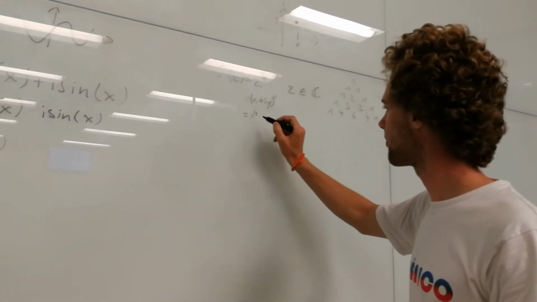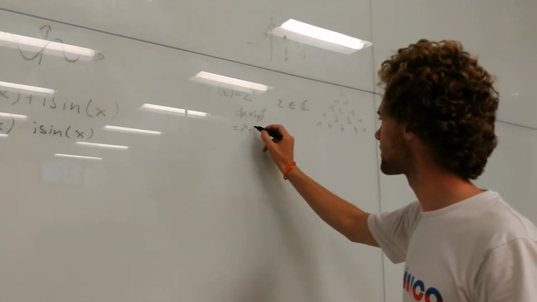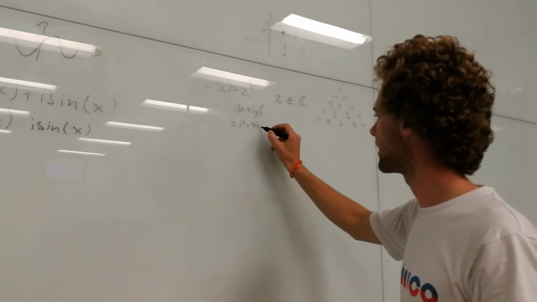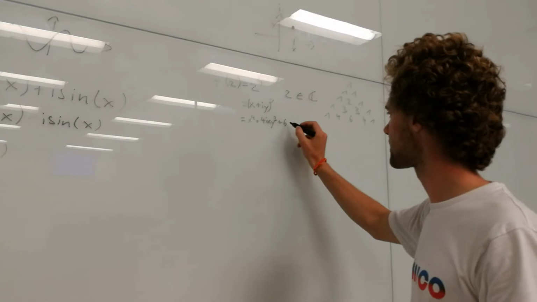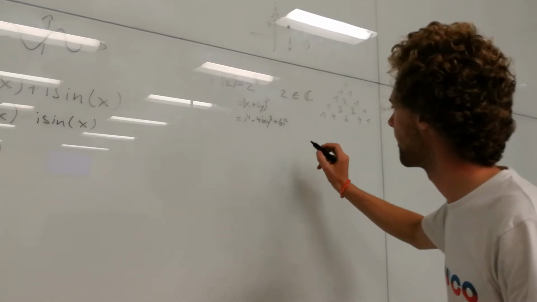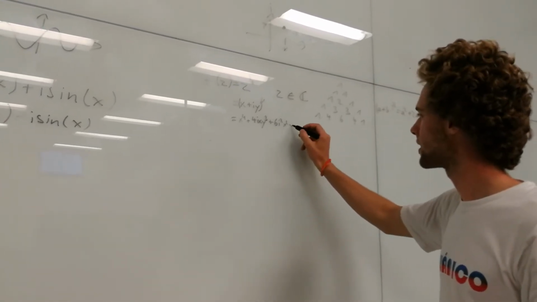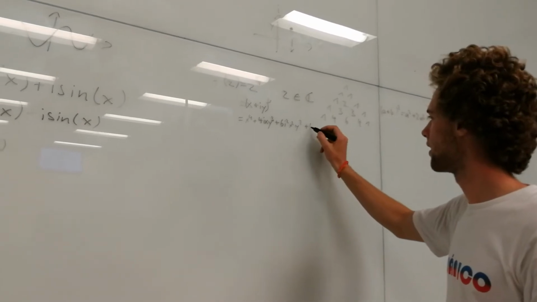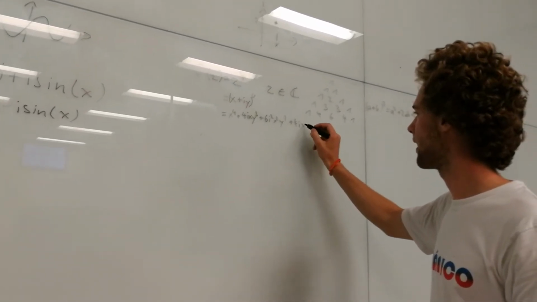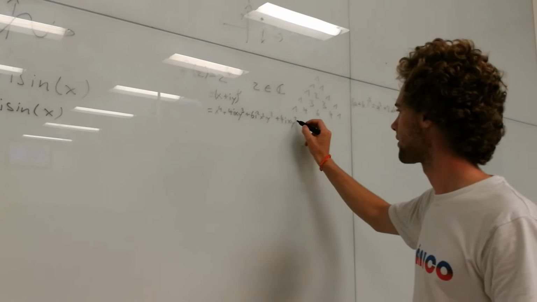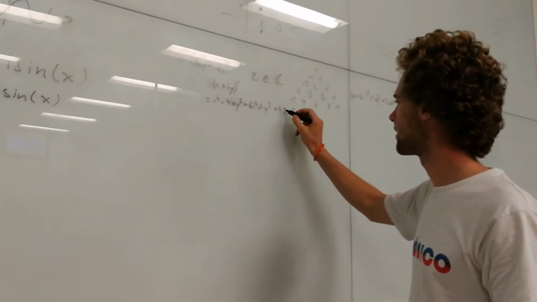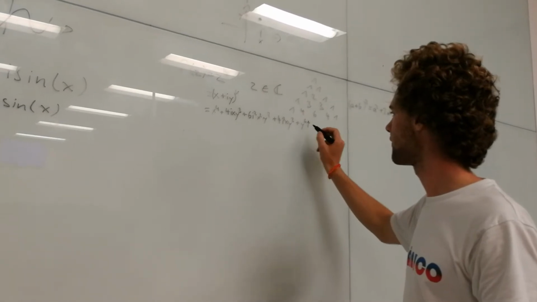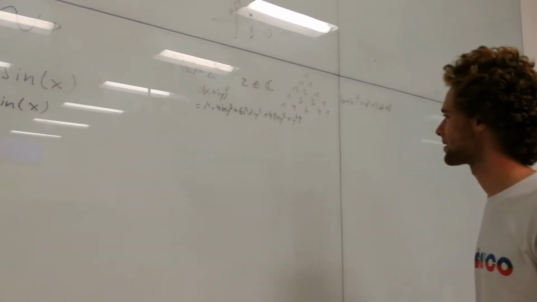We get, when we expand this thing, x to the 4th power plus 4ix^3 y plus 6i squared x squared y squared plus 4ixy to the 3rd power plus y to the 4th times i to the 4th, right? Right.